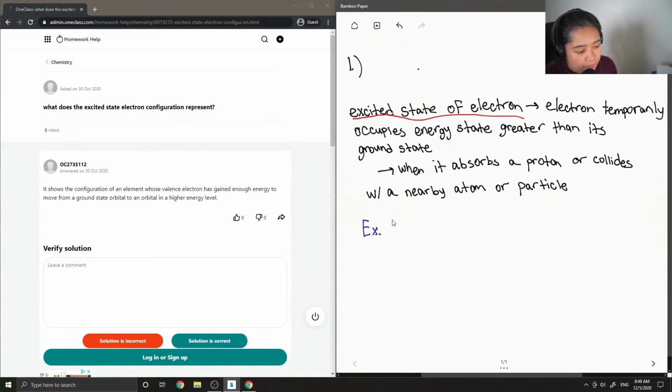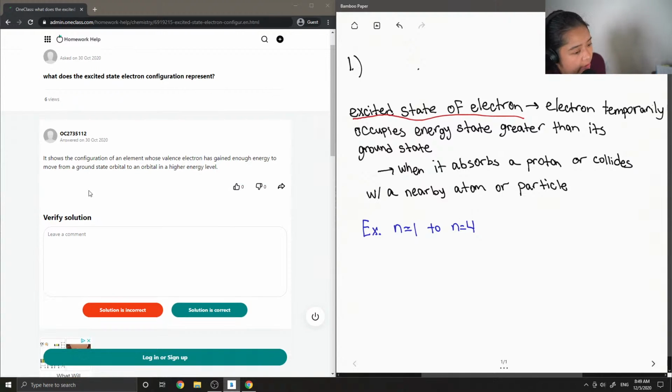So an example is when an electron goes from its ground state at n equals 1, and then it can jump to a higher energy state, let's say n equals 4.